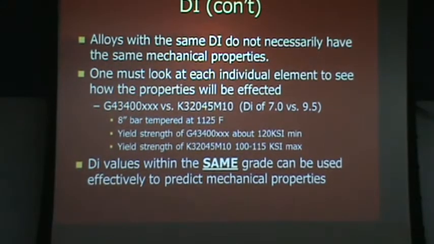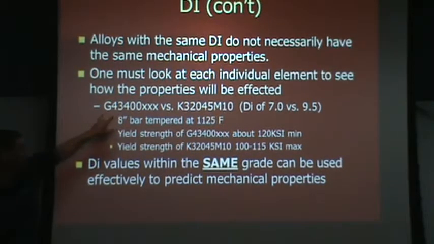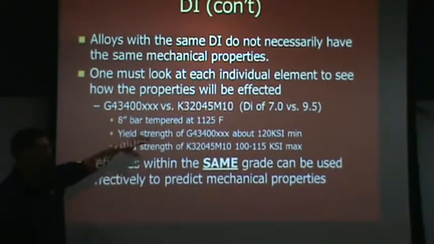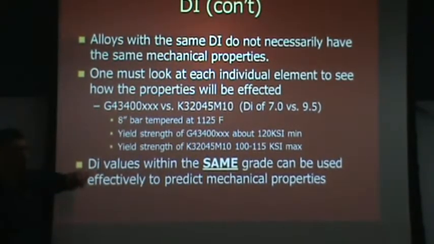So, some more on ideal diameter. Alloys with the same ideal diameter do not necessarily have the same mechanical properties, right? I'm going to illustrate that with two different grades here. These are UNS numbers. There are different ways of describing material. There's the Unified Numbering System, that's what these are. There's the SAE system, this would be 4340 in the SAE system.